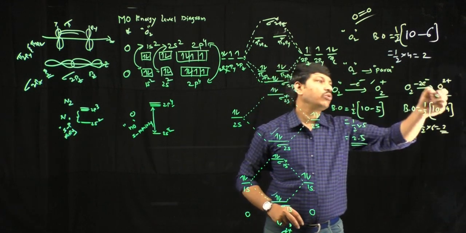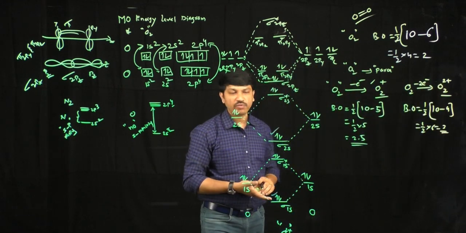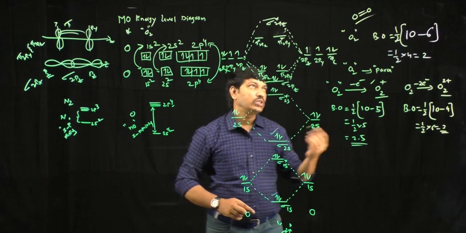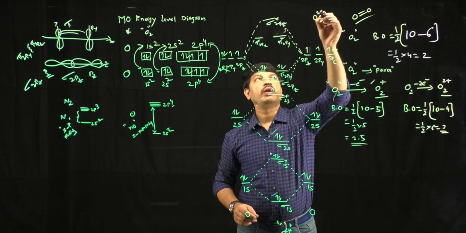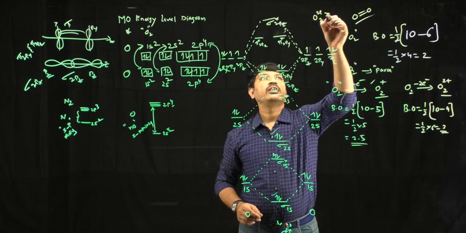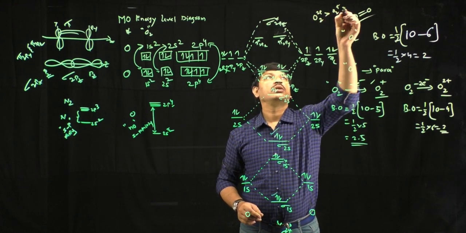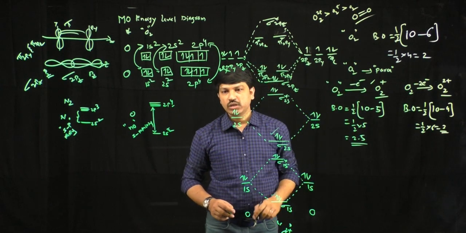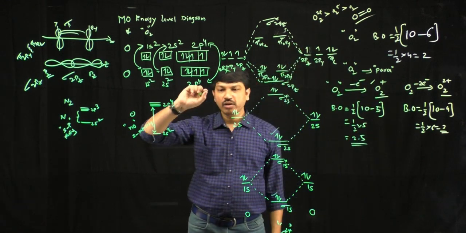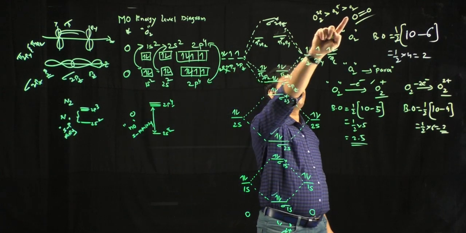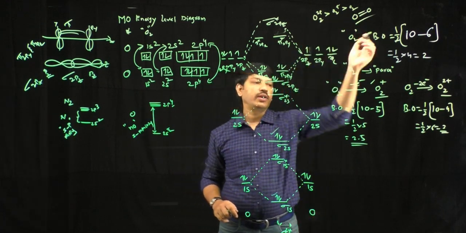So in the O2 2+ molecule, how much bond order value do we have? 3. So if you see the bond strength, what is the trend? O2 2+ is greater than O2+ is greater than O2. Among these three species, O2 2+ has more bond strength when compared to the O2 molecule. This is one of the trends.